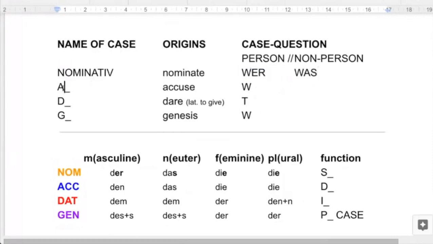The second case is accusative. Sorry, it's written with double K, only with C in English. And it comes from the word to accuse. So the thing that is accused is in the accusative.